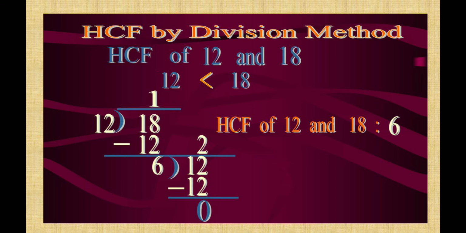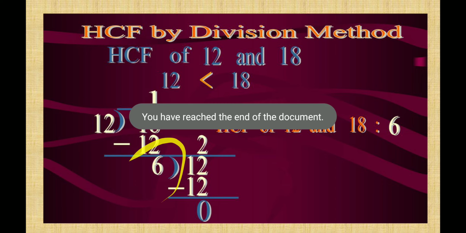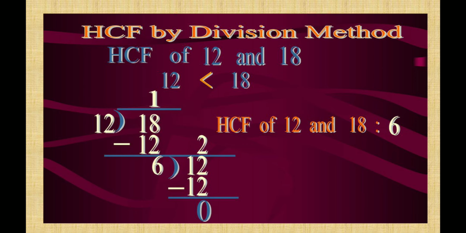Now 6 twos are 12, so the remainder is 0. In the division method, when you get 0 as remainder, the last divisor is your HCF. So here in this case 6 is the HCF.